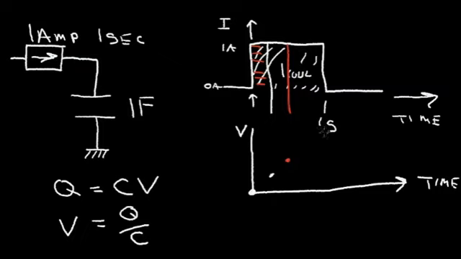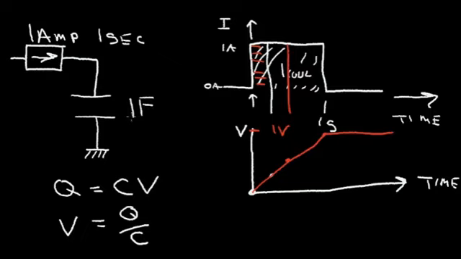And finally, at 1 second, we're at this point. So the voltage ramps up in a linear fashion. Then when the current goes away, the voltage across the capacitor just remains constant. So let's say at this point, if this is a 1 farad capacitor and we're putting in 1 coulomb, we'll have 1 volt across the capacitor.